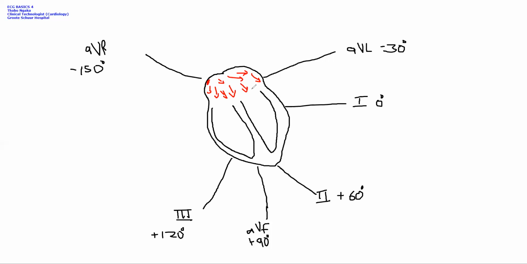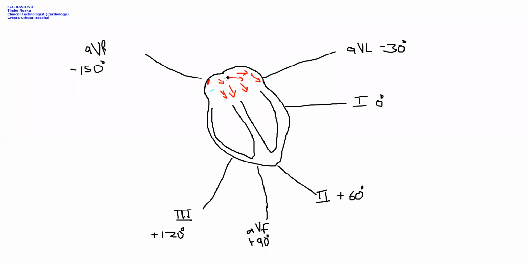Now, we're going to take a summation of all these depolarization waves to give us one main depolarization wavefront, which gives us the overall direction that this wavefront is moving in.